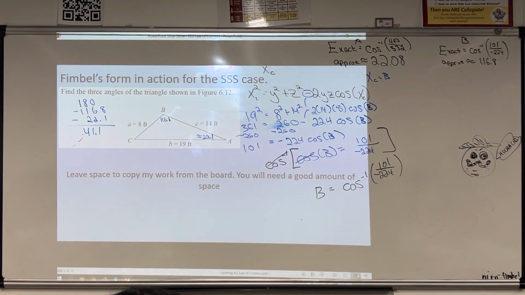No, we're not allowed to do that anymore, because we have to give the exact answer, and that won't give us the exact answer, will it? What this will do, though, is make us feel really good if our answer is really close to 41.1 when we find the approximate answer from the exact, right? If I do all this and I get 75, I knew I messed up, and now I got to erase my last 45 minutes.